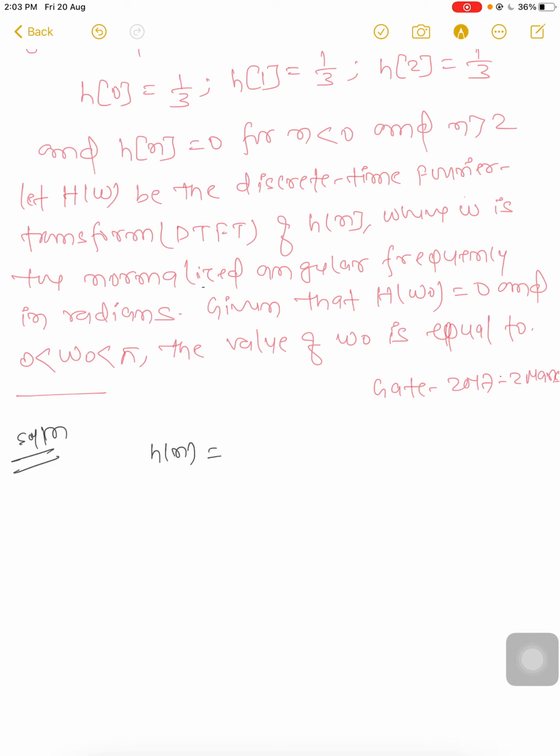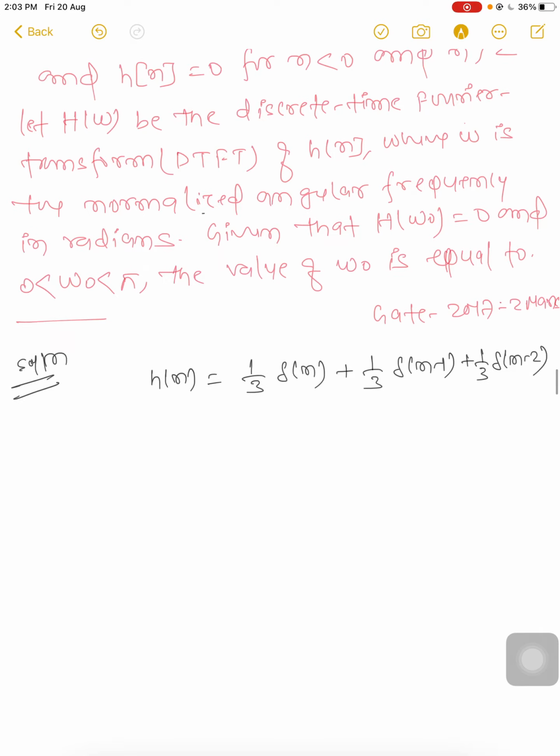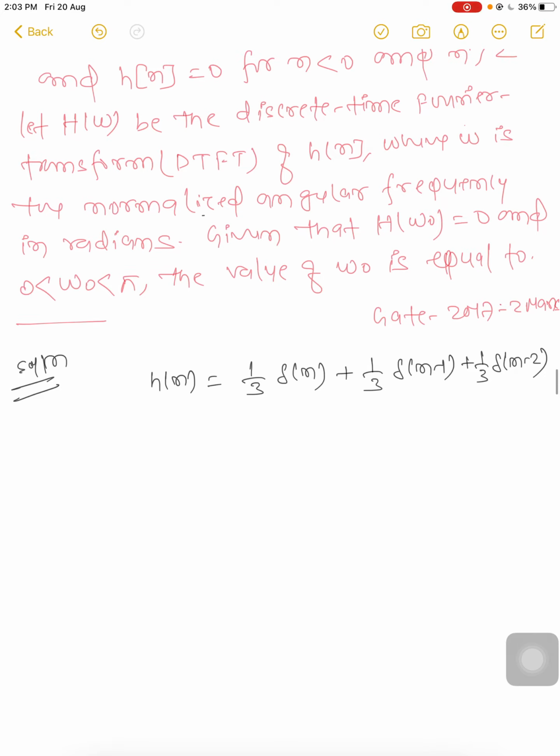Okay, h[n] is given: 1/3 delta[n] plus 1/3 delta[n-1] plus 1/3 delta[n-2]. Okay, so we can take the Z transform.